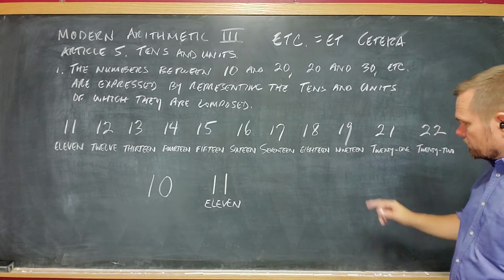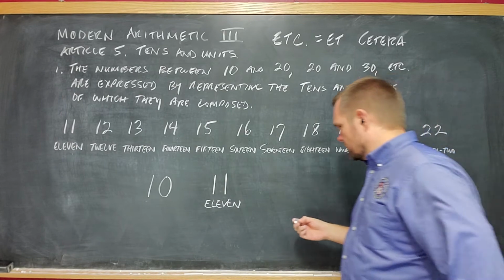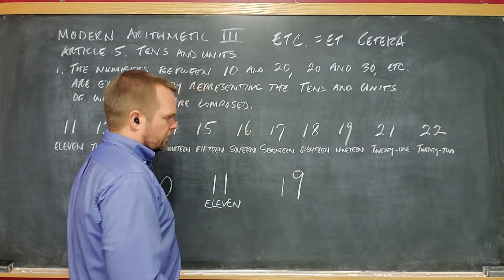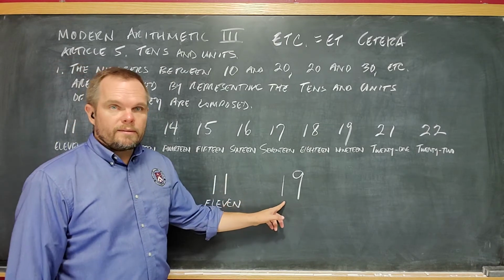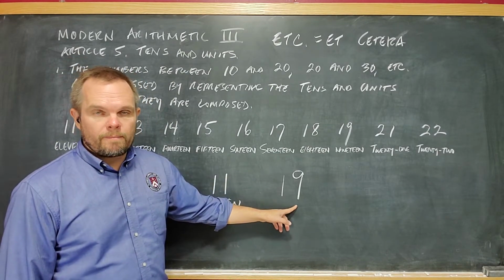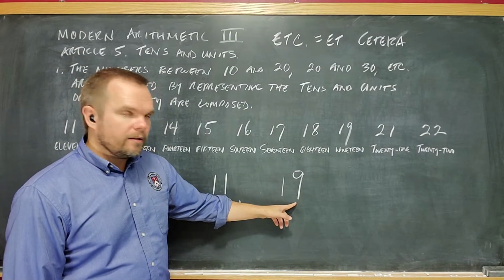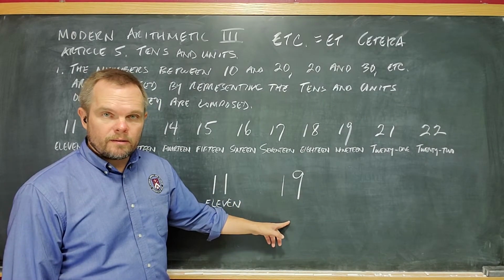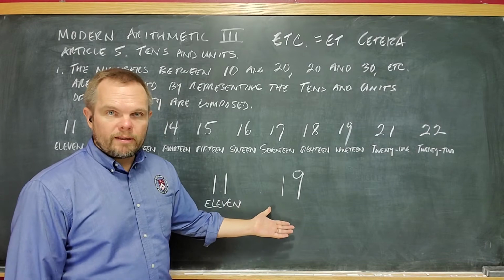Now, if we add one more, let's write the number 19. Here we have 19, 1 ten and 9 units. If we add one more unit to 19, how would we write that?